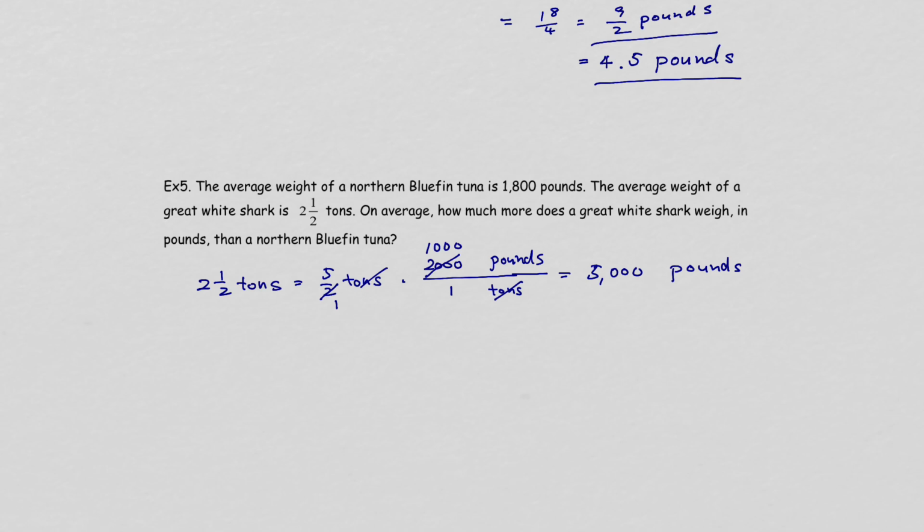So you have shark weight is 5,000 pounds, tuna is 1,800. So when you do the comparison, you do the subtraction, right? So when you subtract, you get 3,200. So you will say 3,200 pounds more.